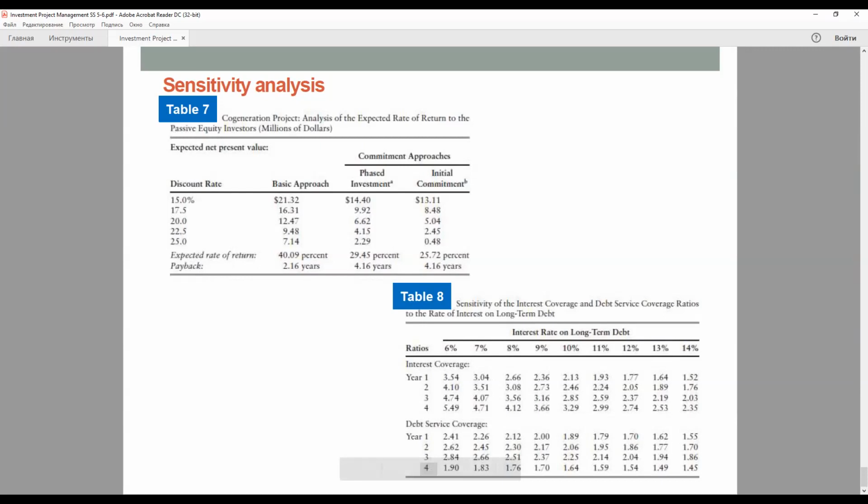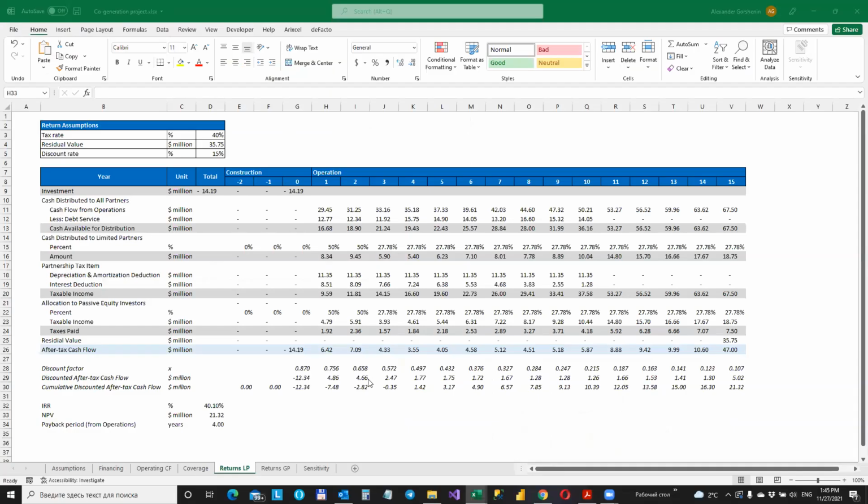And again, in our Excel spreadsheets, I will switch now to the Excel. You can see we have a special page for calculating the return for limited partners. So I again highly recommend that you address this table.